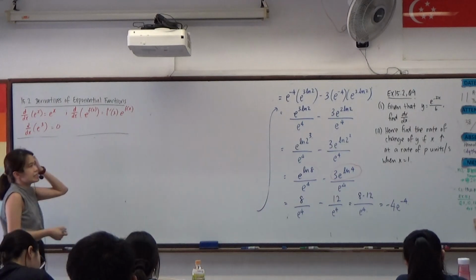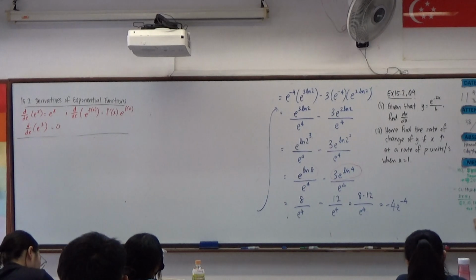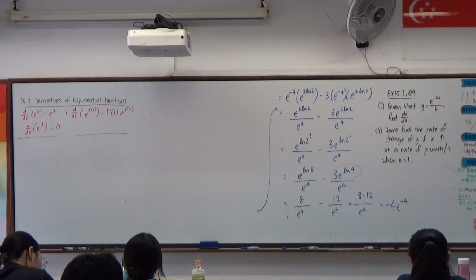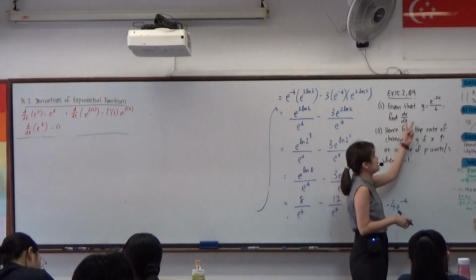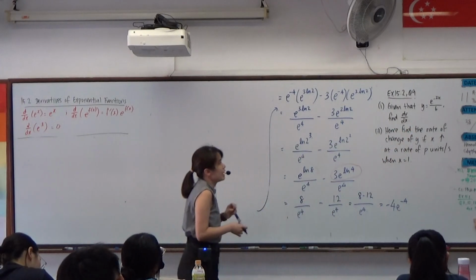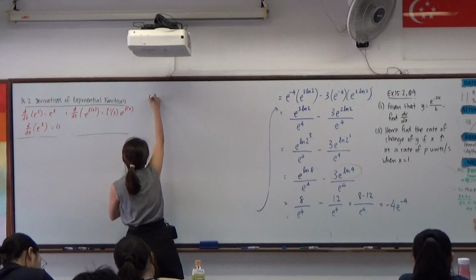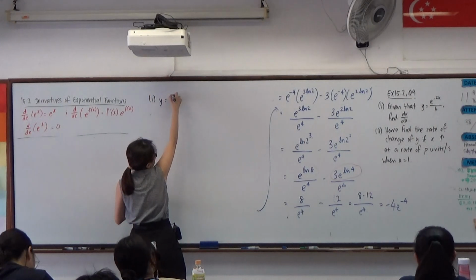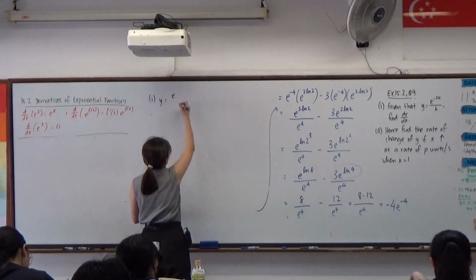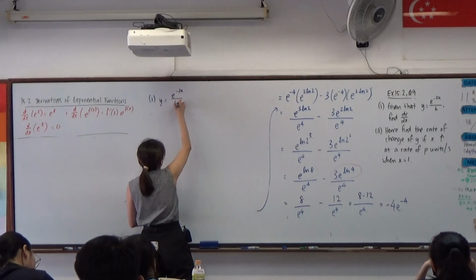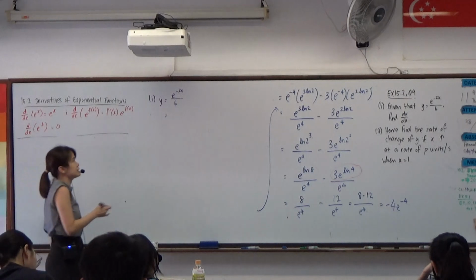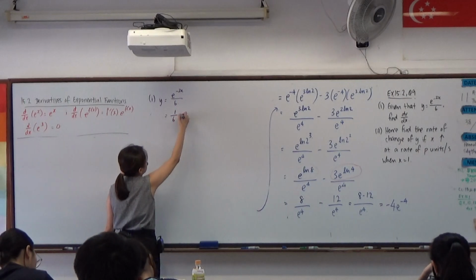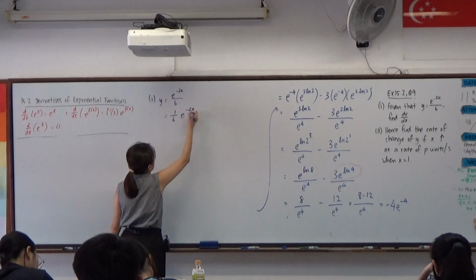Looking at exercise 15.2, question 9, the first part will be fairly straightforward because it is just giving you a function and then after that we find our dy over dx. But although it is straightforward, I don't want us to make it complicated for ourselves. I hope that we are able to realize that y equals e to the power negative 2x over 6 is the same as 1 over 6 times e to the power negative 2x.